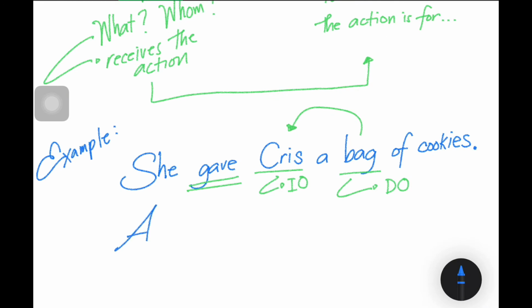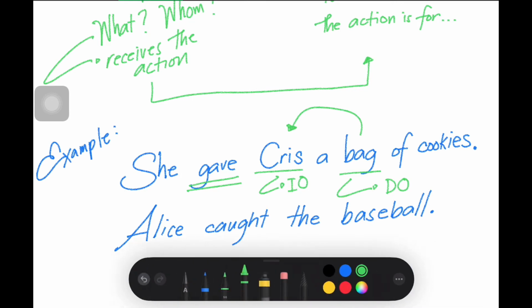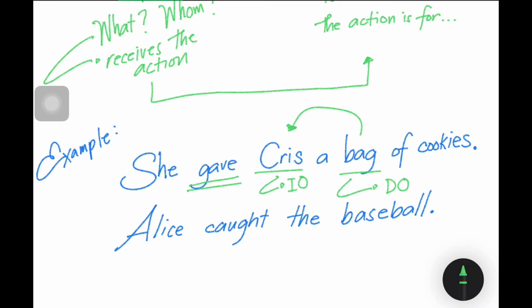Alice caught the baseball. This is one sentence where you only have a direct object. One thing that we really need to note is our action verb. We need to first find our action verb to make sure that we have a direct object, because without the action verb there could not be a direct object.